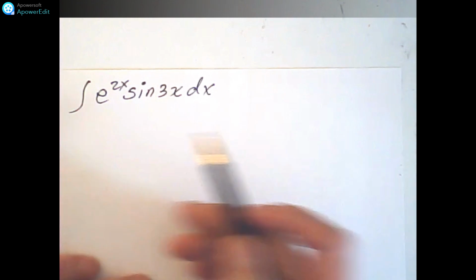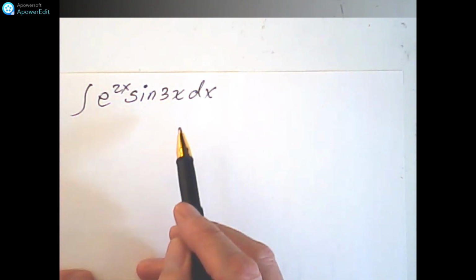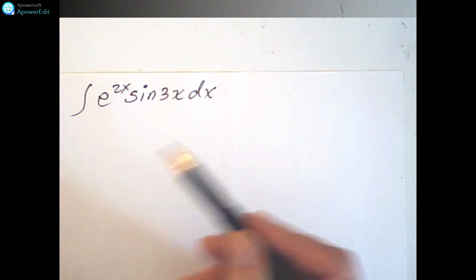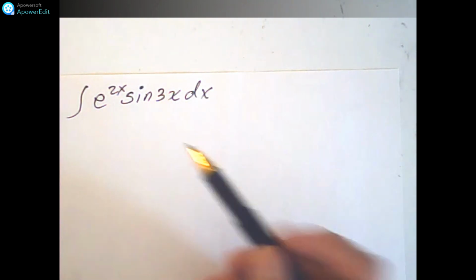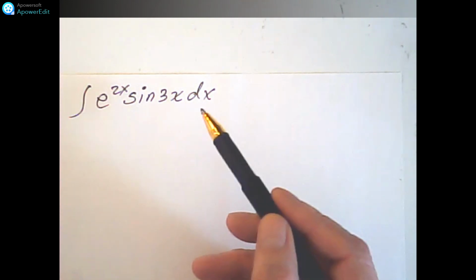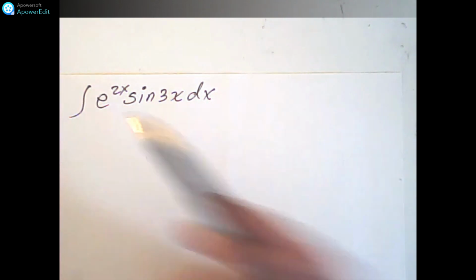We can use the same method to do this type of integral, which is not that easy when you learn the method of integration by parts, right? You repeat it a couple of times by parts, then you get the result.